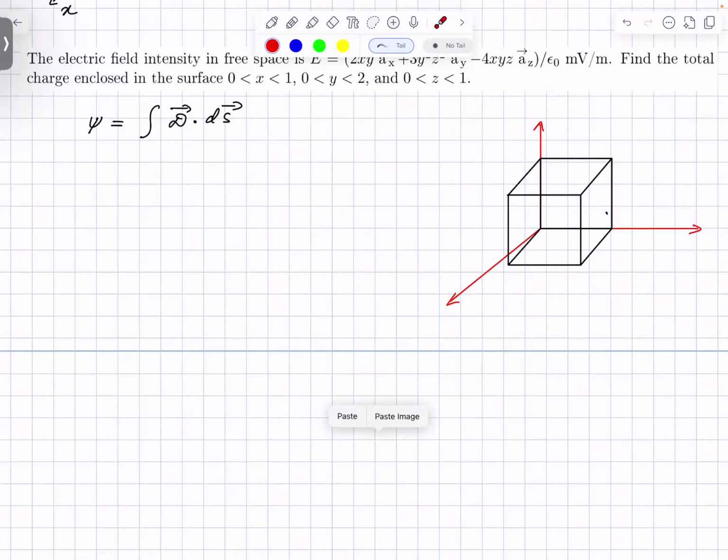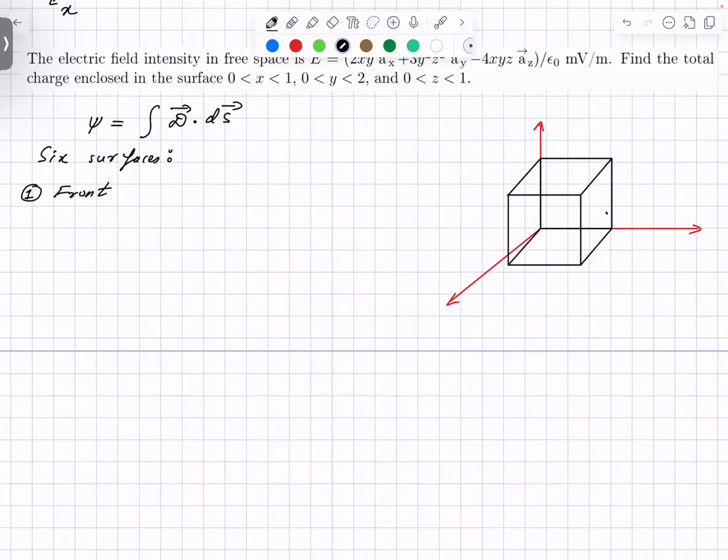Now, here in this box, there are 6 different surfaces, right? There is the front. So we have 6 surfaces in this box. The first one, let's call that front.